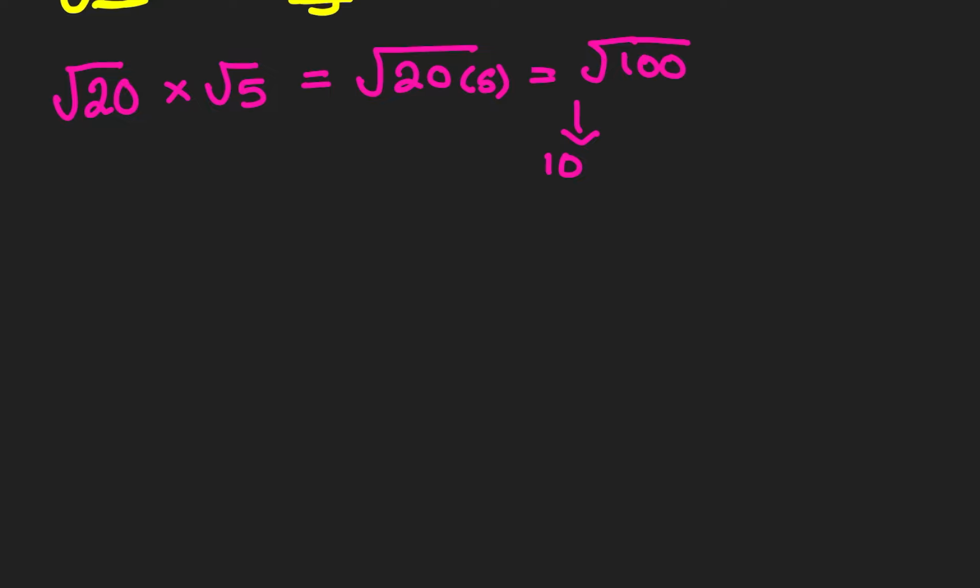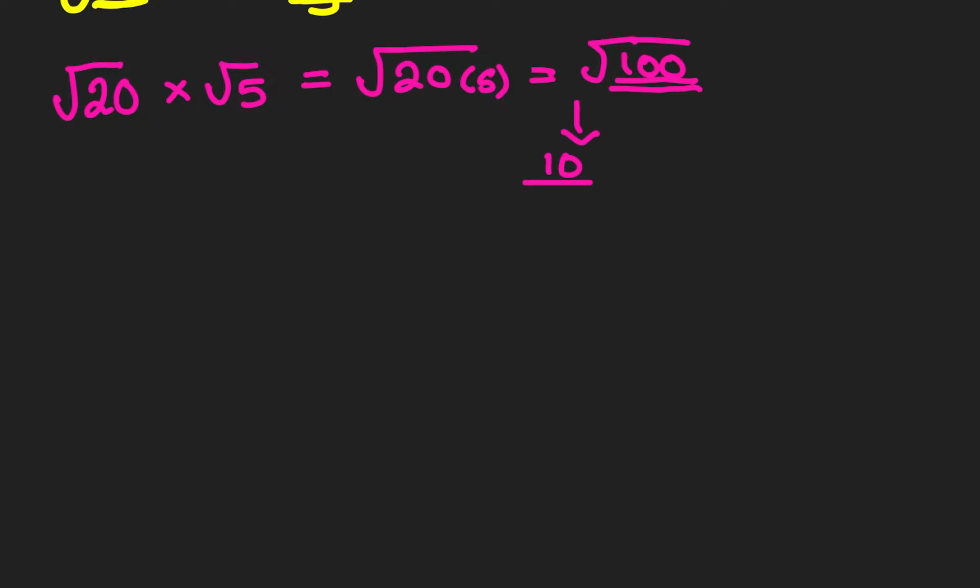Whenever we have a root, always remember there's an imaginary 2 there. That means 10 squared is 100. Root means what number multiplies by itself to get this value inside the root. So in this instance, we have 10 as a result, because root 100 is equal to 10.